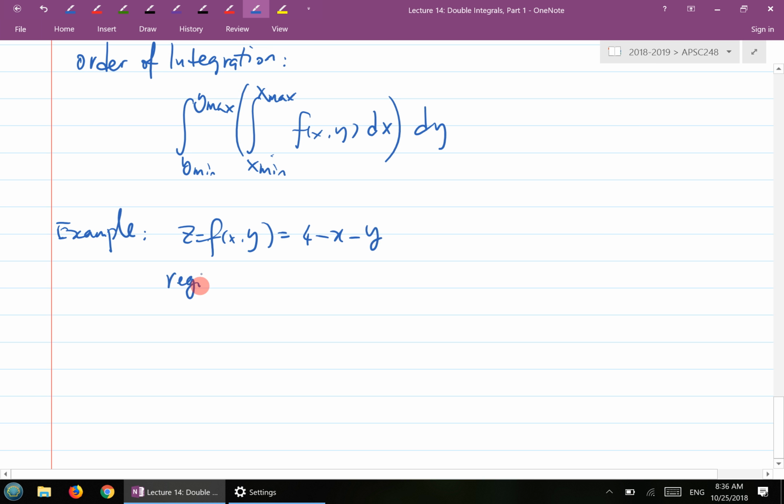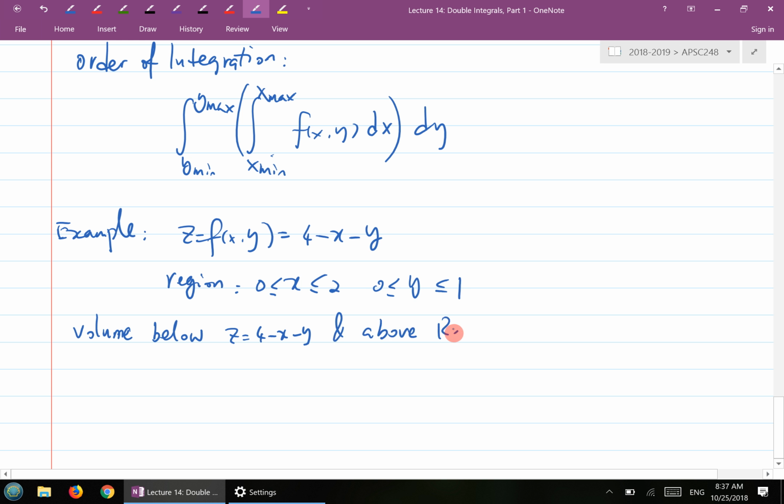And I'm given a region as follows: x between 0 and 2, and y between 0 and 1. Suppose we just want to know the volume below z equal to 4 minus x minus y and above this region R.